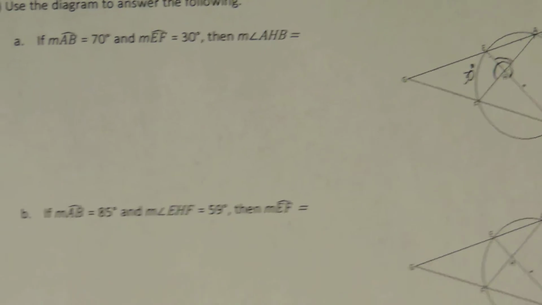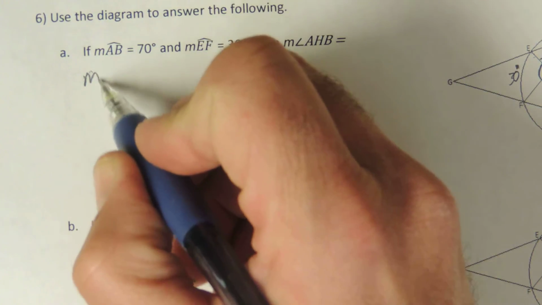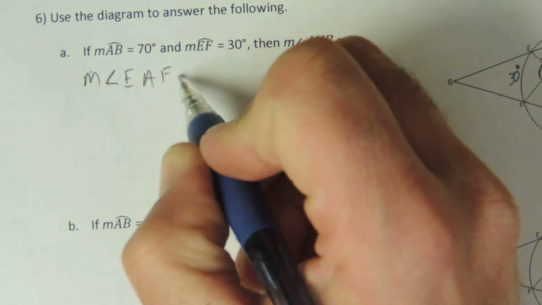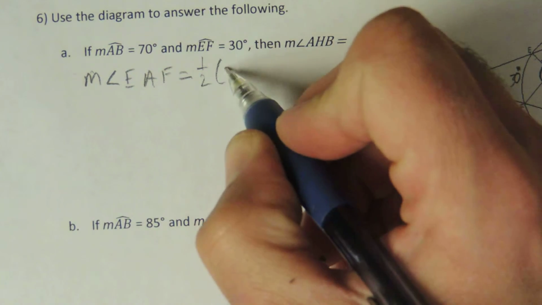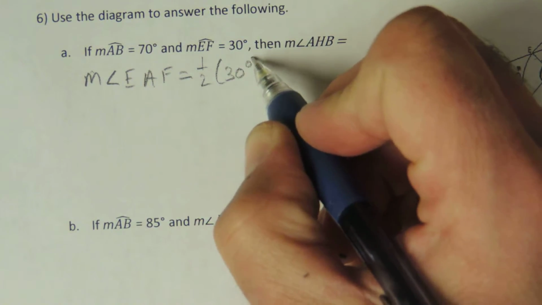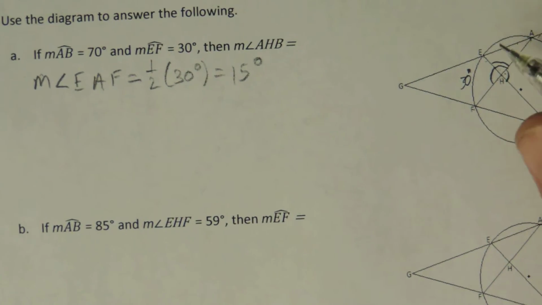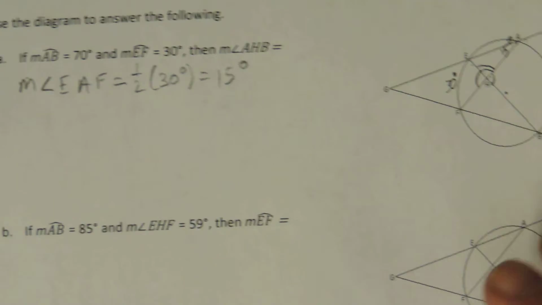So I will do that. Measure of angle EAF is 1/2 of 30 degrees, which is 15 degrees. So this one is 15 degrees.